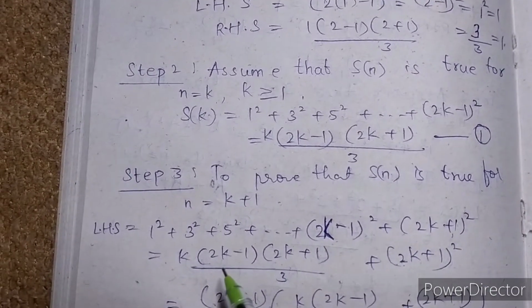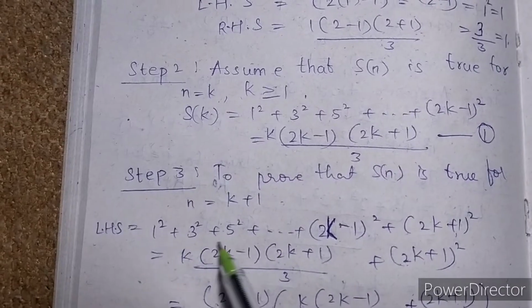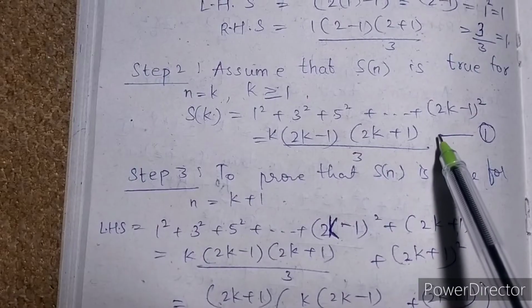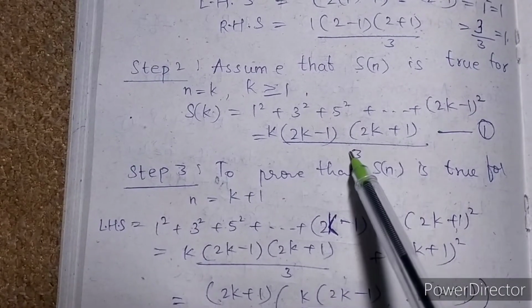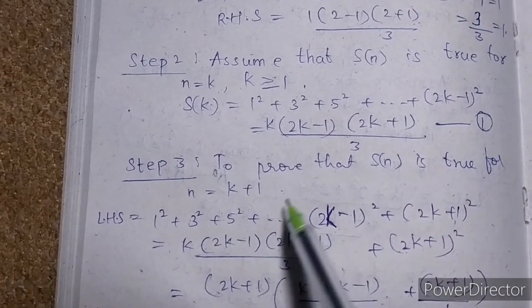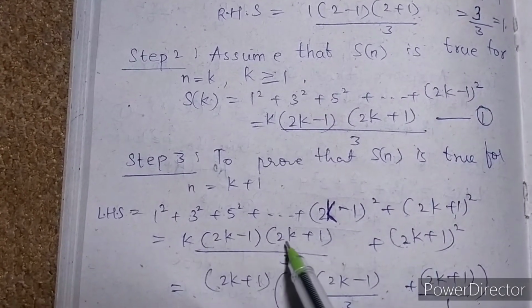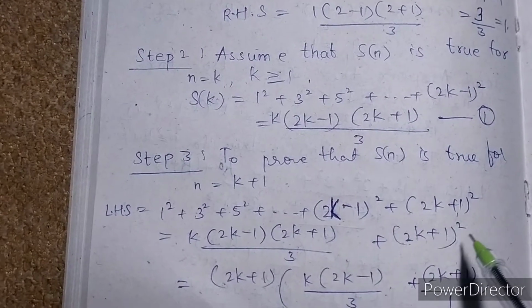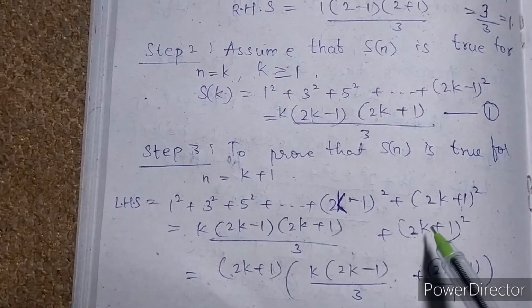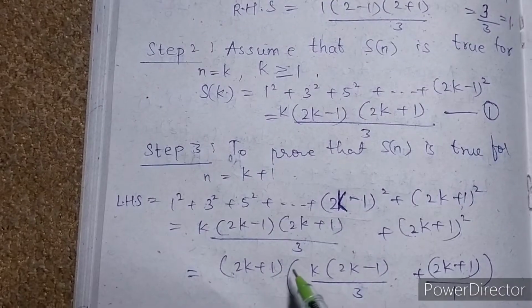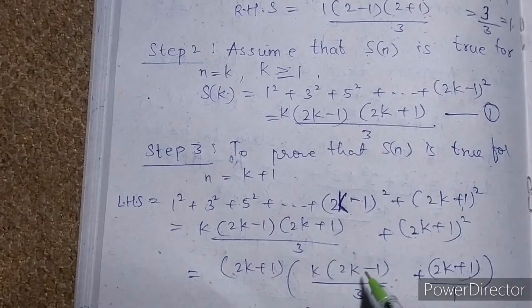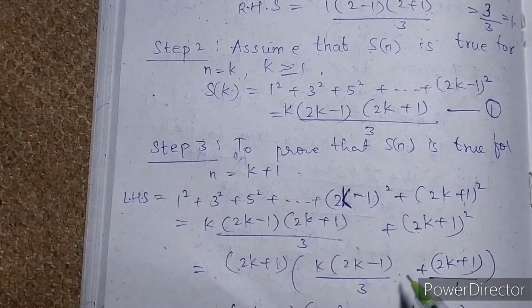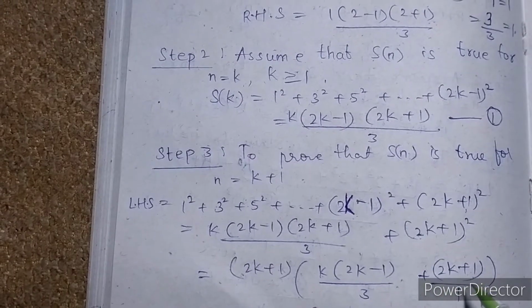Now you check it out. This whole term can be replaced with the RHS part of equation 1, that is k into 2k minus 1 into 2k plus 1 divided by 3, plus (2k plus 1) whole square. Now take 2k plus 1 common, and you will get it as (2k plus 1) into [k into (2k minus 1) divided by 3 plus (2k plus 1) divided by 1].